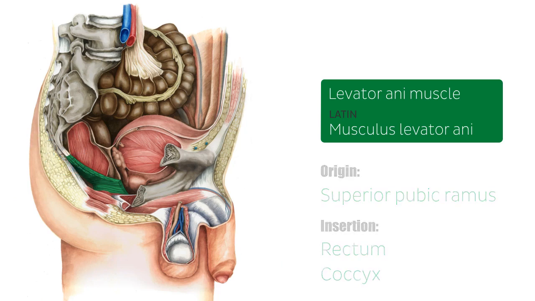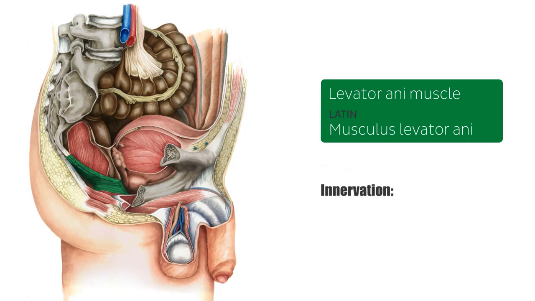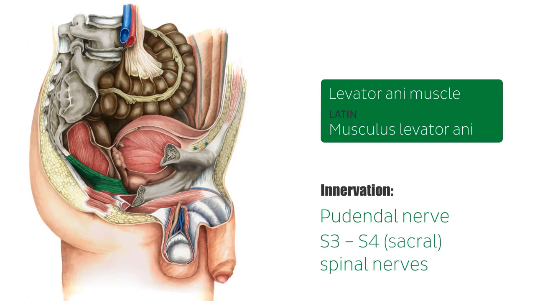Now, the innervation of this muscle is then derived from the pudendal nerve and its branches, as well as the S3 to S4 sacral spinal nerves. This muscle relaxes at the beginning of urination process and also defecation. For that reason, the levator ani is an important muscle, or has an important role when it comes to preserving urinary and bowel continence.